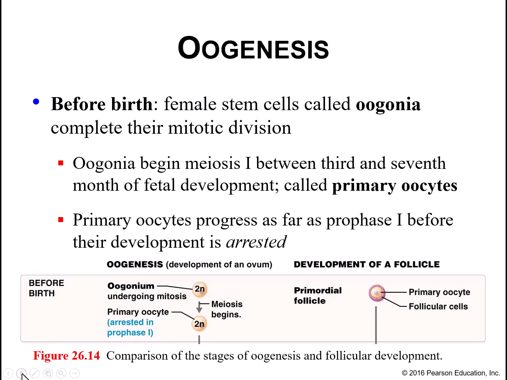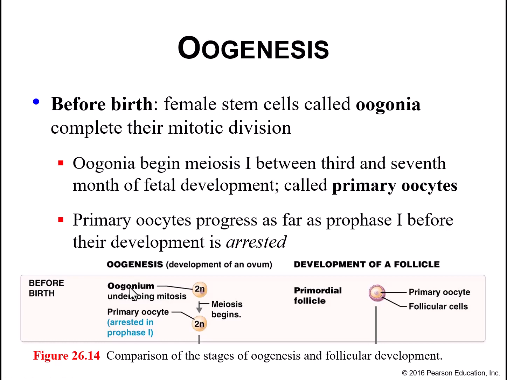And so in females, unlike males where we talked about spermatogenesis, oogenesis actually starts before birth. Our female stem cell is called the oogonium, and it is a 2N cell.